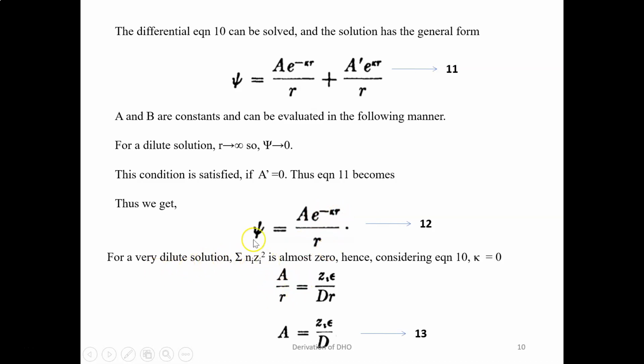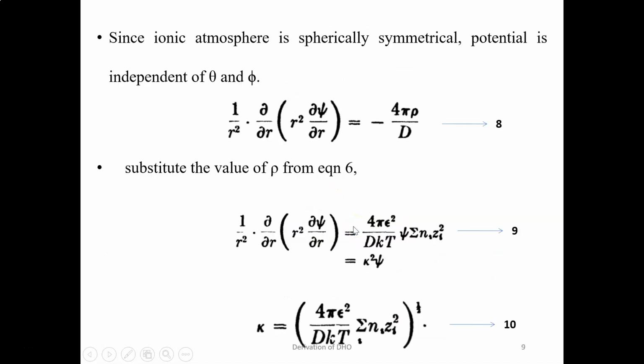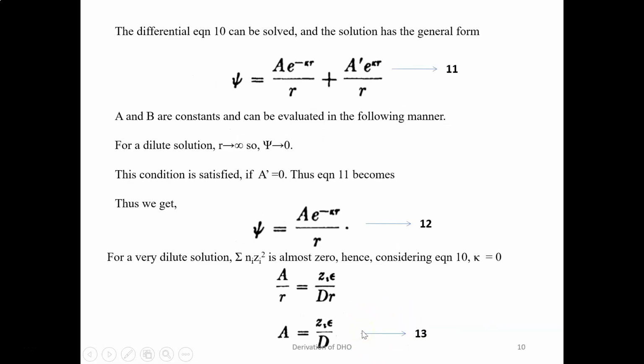For a very dilute solution, we can think that sigma ni zi square is 0, hence the kappa value will be 0. We know that kappa has a relation like this: kappa is equal to the root of 4 pi epsilon square divided by dkt sigma ni zi square. If this term is very small, kappa will be 0, and you can write A by r is equal to zi epsilon divided by dr, or A will be equal to zi epsilon divided by d.